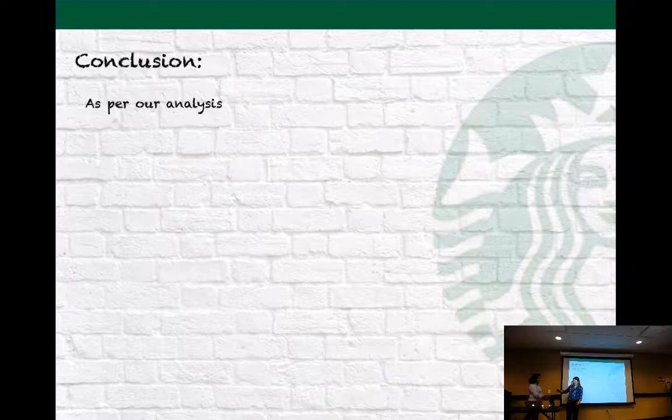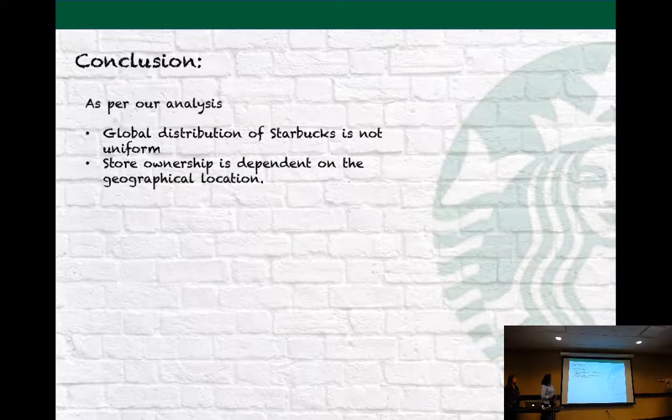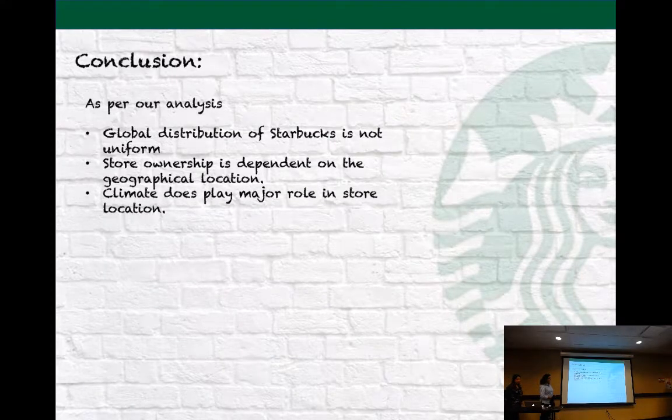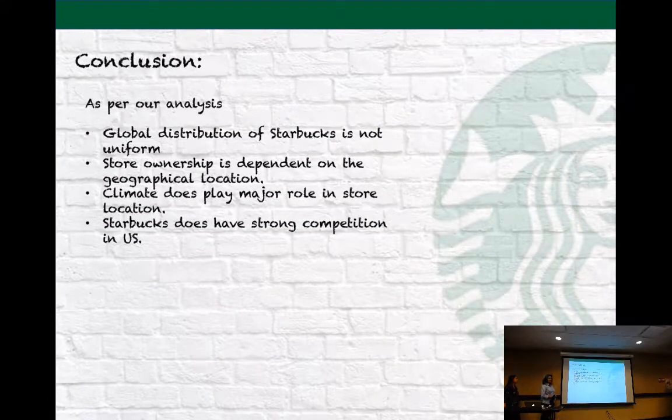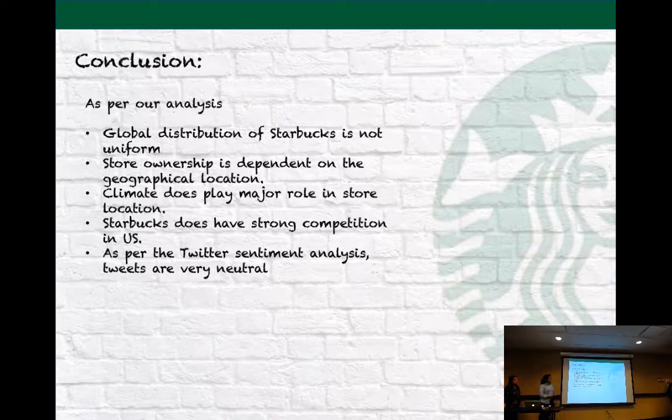Okay, I'll pass it to Ruchi, she'll close. Thank you, Lizette. So as per our analysis, these were our takeaways. We saw that the global distribution, store ownership, and climate have an impact. Starbucks has a lot of competitors, and there are the Twitter sentiments.